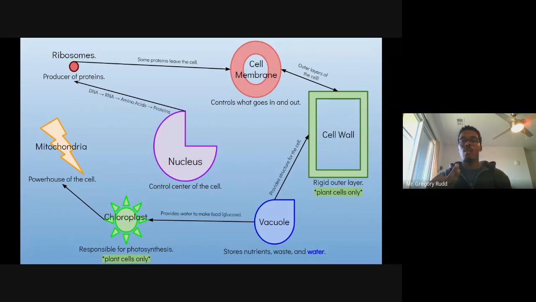And then when we make energy, there are two products: water and carbon dioxide. So it's just a cycle. It uses what it needs, and then it uses whatever it produces again in a cycle. And so it's a really cool relationship. We'll look at that more later in the course. But chloroplasts provide the glucose to make energy.